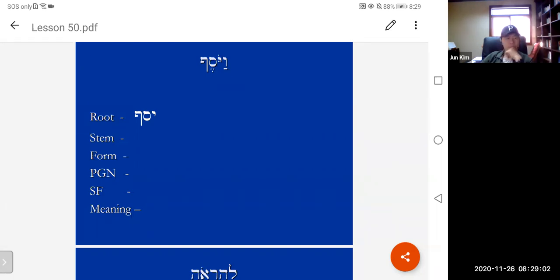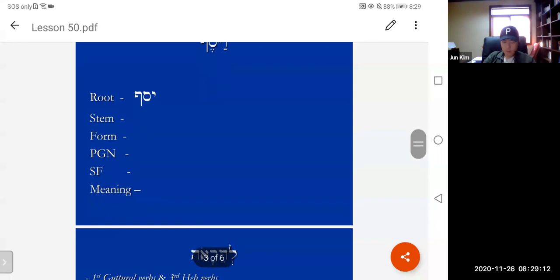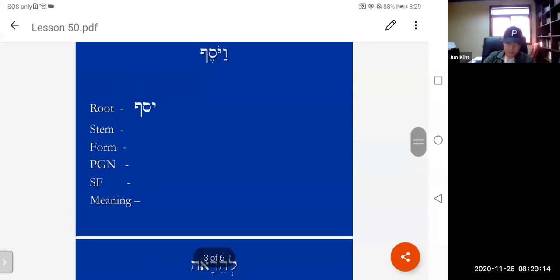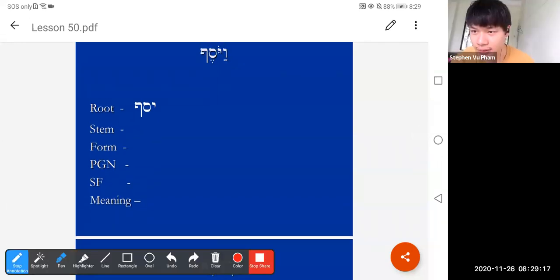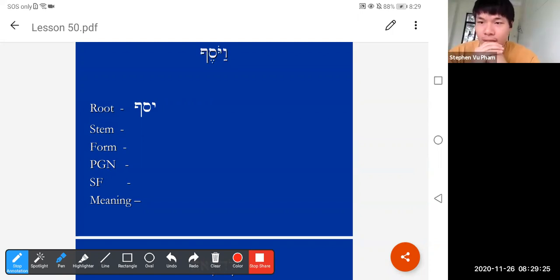Stephen, yes. This stem is Hiphil. Why do you think this is Hiphil? Because the second slide said that it's usually in the Holem.